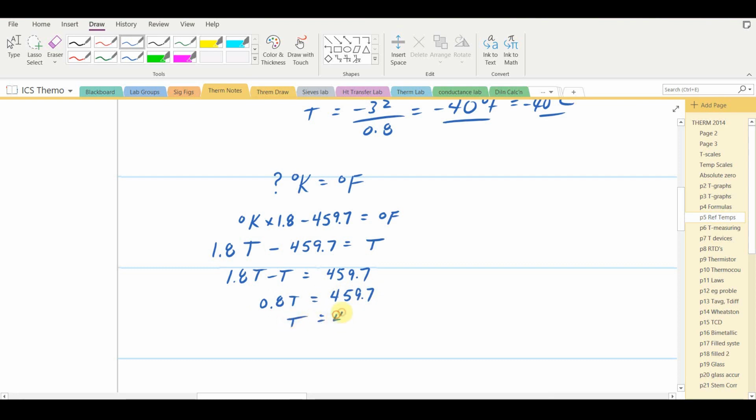T is equal to 459.7 divided by 0.8. So T is equal to 570, I'll just round it, 575 degrees Fahrenheit, which is equal to 575 Kelvin.